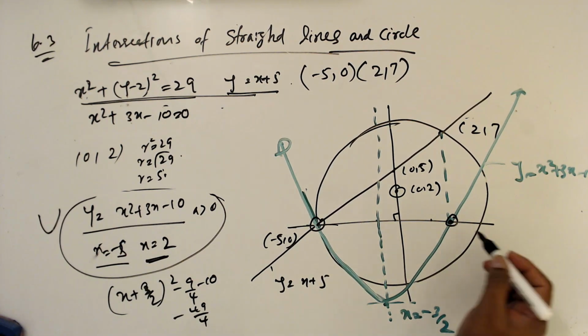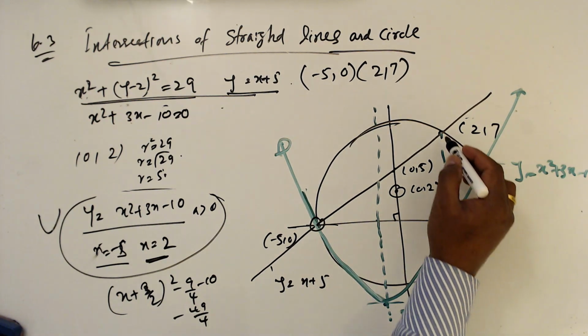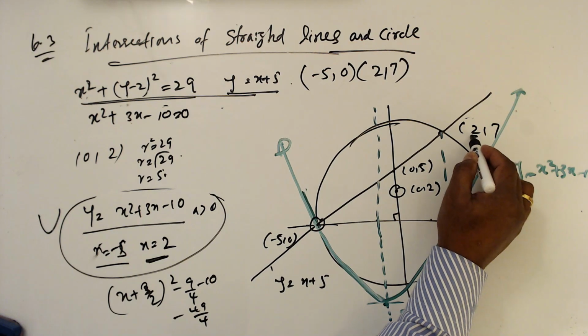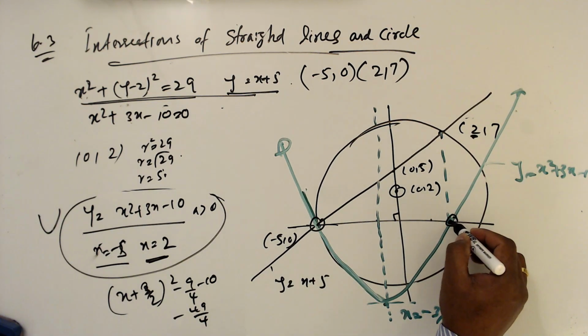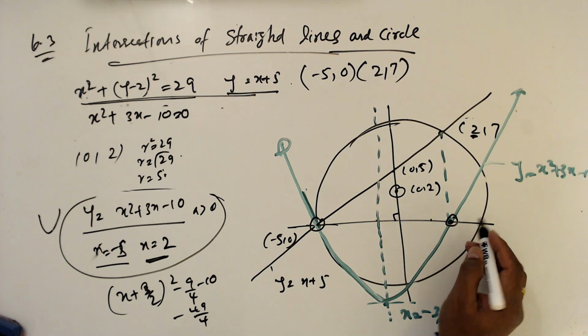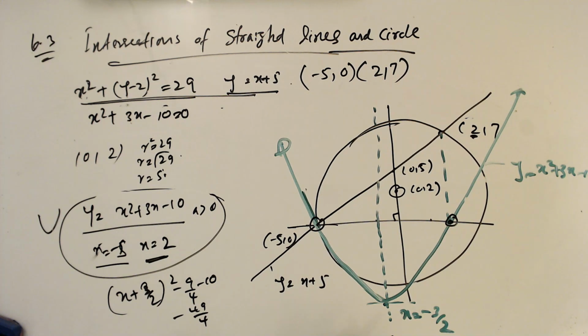And what will happen, the x value of the intersection point is the same as the root of this x square plus 3x minus 10 curve.